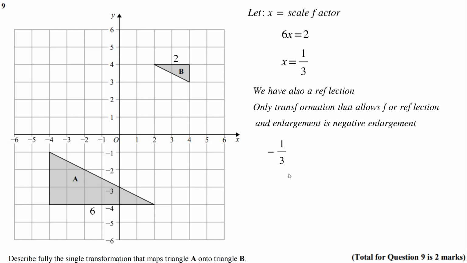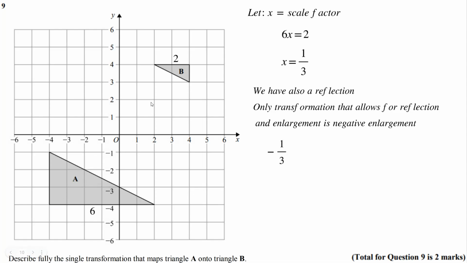Okay, and this doesn't give you all the marks because you need to write one more thing down, and that is the center of enlargement. The way that you can do that is just by connecting the corresponding points. So just try and be careful with this because this shape has been reflected. So this one doesn't connect with this one. This one actually connects with this one.